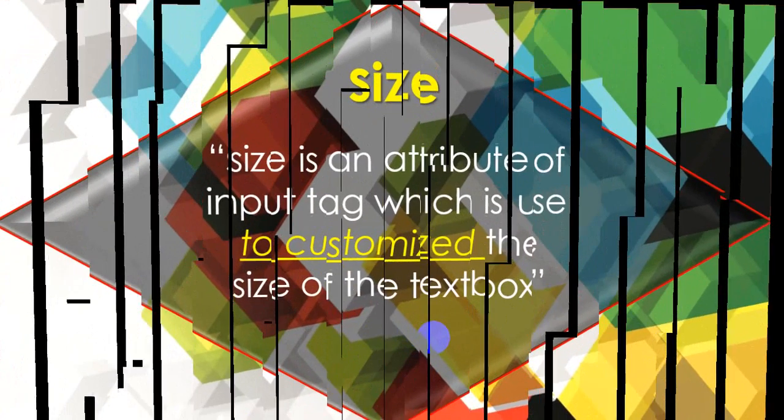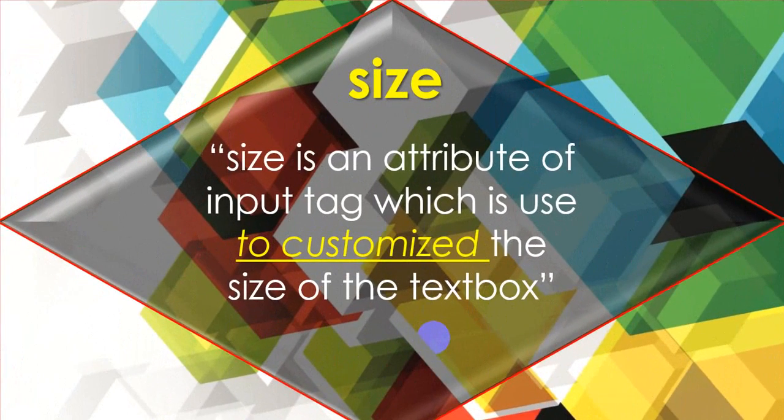So first we will think about what size is. As we know, size is an attribute. I just want to show the definition given in the book or on any website, but it's not a fixed definition. We just have to understand what the size attribute is used for in that particular input tag. Size is an attribute of the input tag which is used to customize the size of the text box. I have highlighted the word customize.